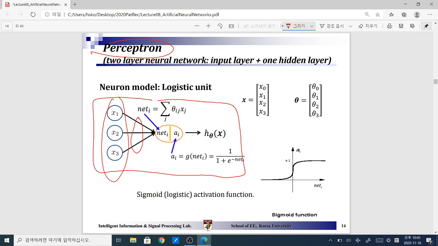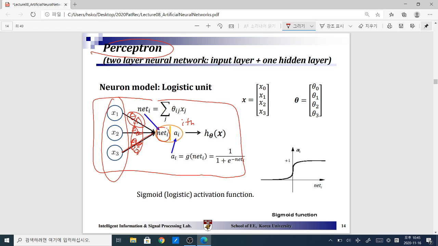Then it has these connecting wires, which are represented by their corresponding parameters. For example, this one here is theta 1, the next one is theta 2, and the third one is theta 3. Because they are all connected to the ith neuron, we give i as an index. So this would be theta sub i1, this one theta sub i2, and this connecting wire theta sub i3.